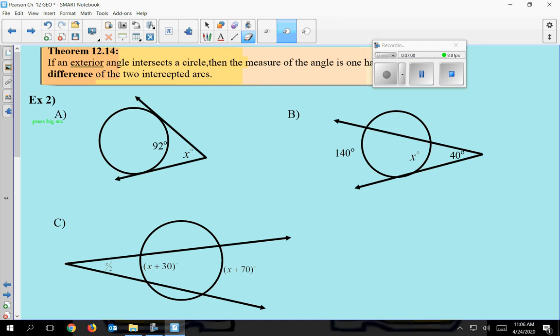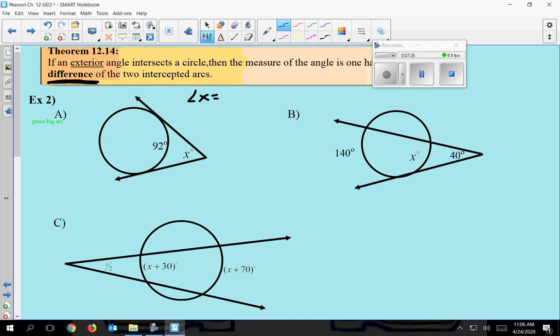All right. So let's go back to example number A, and let's read the formula here too. Angle X is going to equal 1/2 the difference. Now you got to remember, this is a difference. That means I'm subtracting the two intercepted arcs.